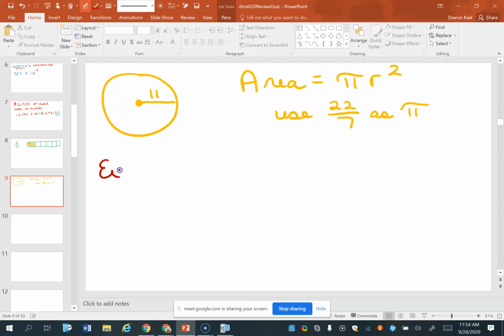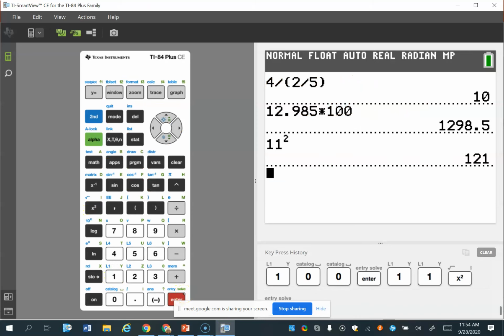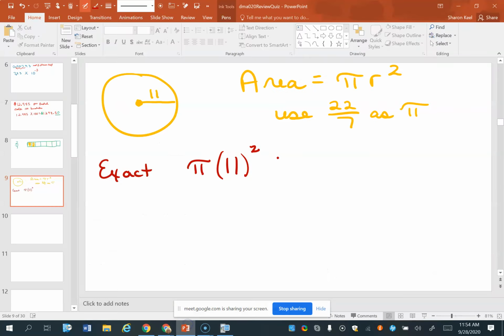So first, to find the exact answer would be pi times 11 squared. 11 squared is going to give us 121. So that would give us 121 pi, and then we literally use the pi symbol.